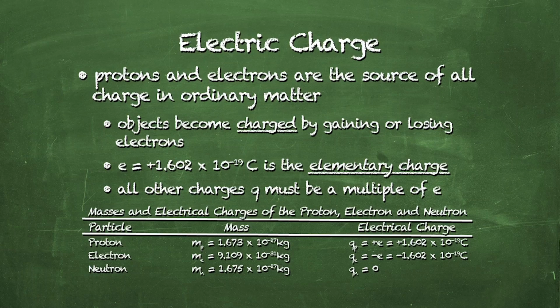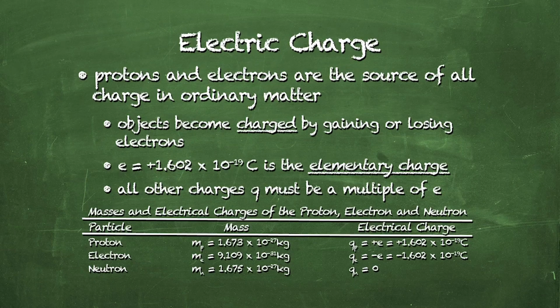Our other subatomic particle, the neutron, has a mass of 1.675 times 10 to the minus 27 kilograms. The neutron has an electrical charge of 0. So neutrons are neutral. Every proton has a charge of plus 1e.